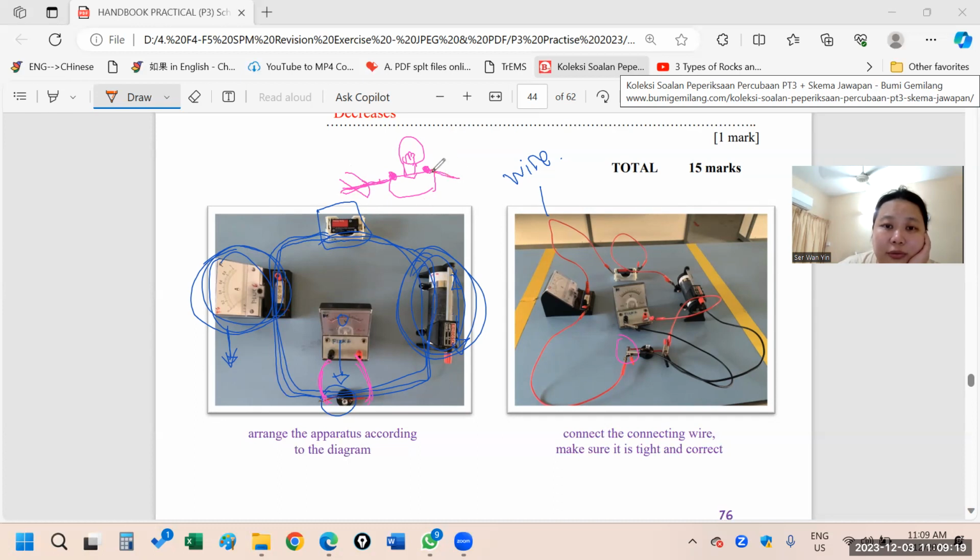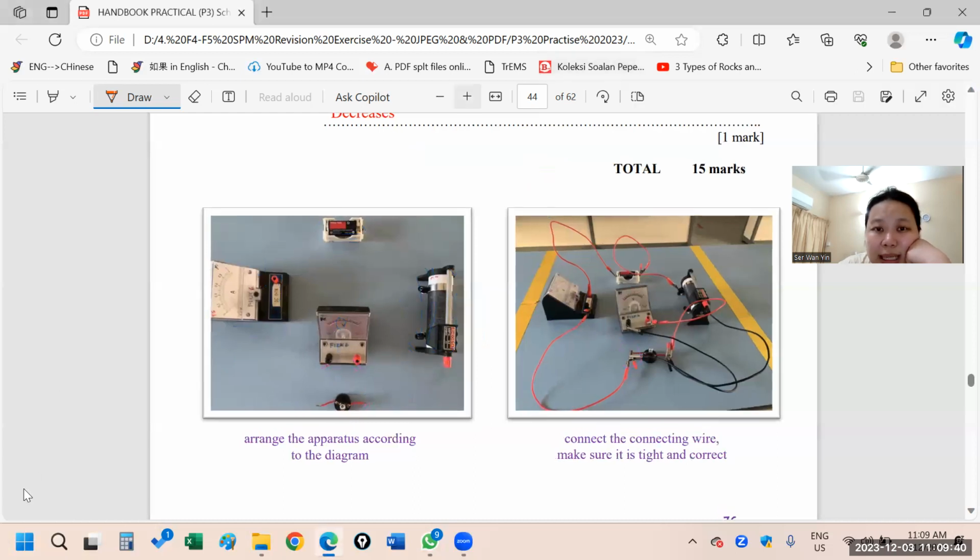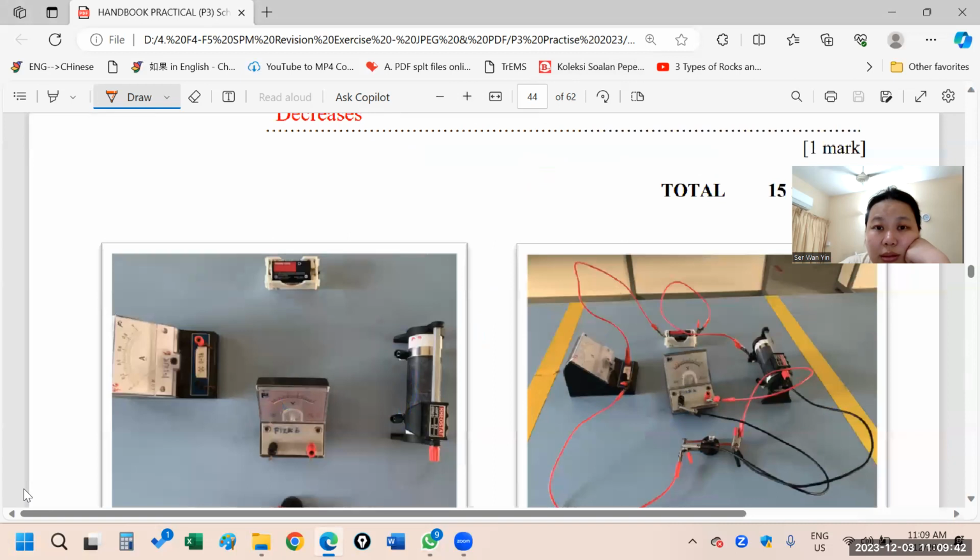If you don't have that, maybe we can clip on the screw. But when you clip, clip properly. If not, it's easy to disconnect.